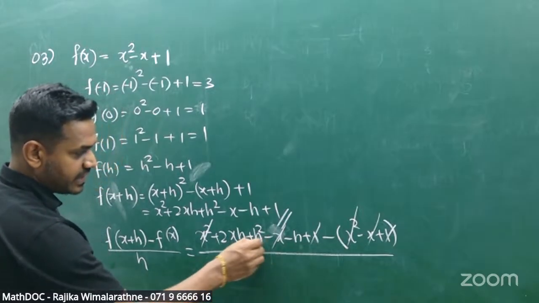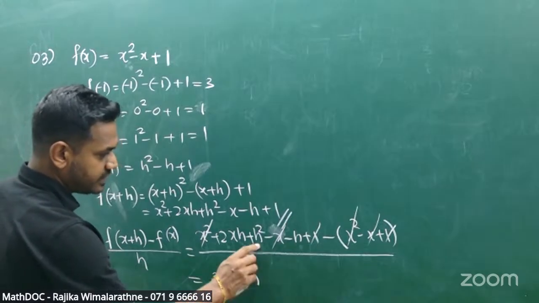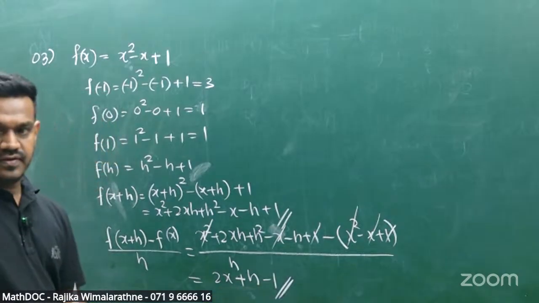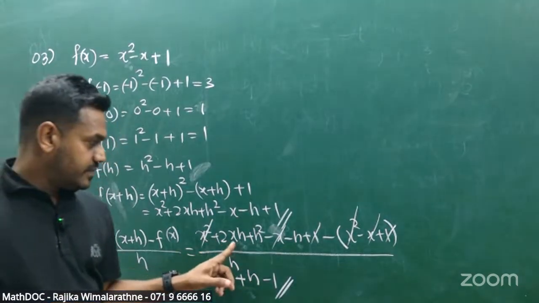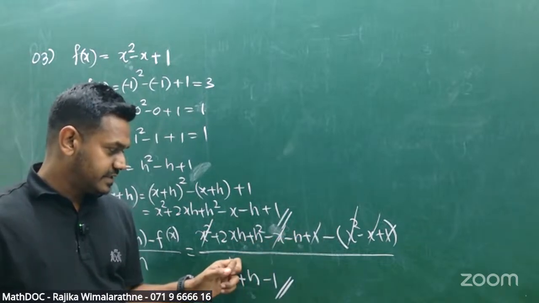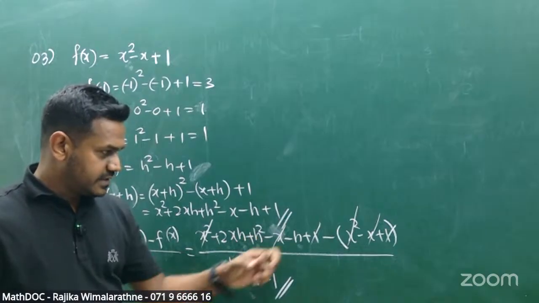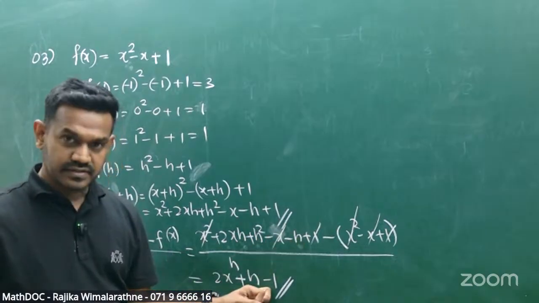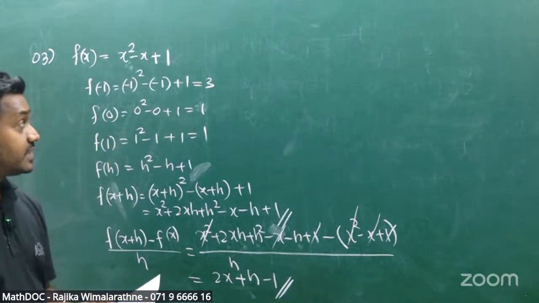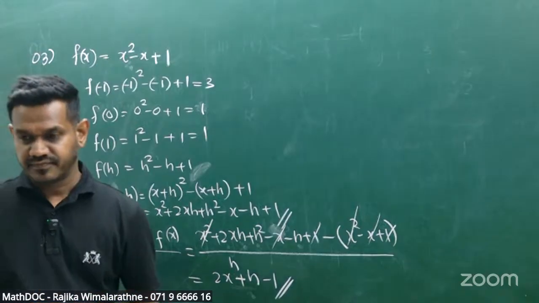Here we have remaining 3 terms. By each term, you cancel h, then 2x. Cancel h, that is h. Then cancel h, that will be minus 1. That is question number 3. Okay, check it.